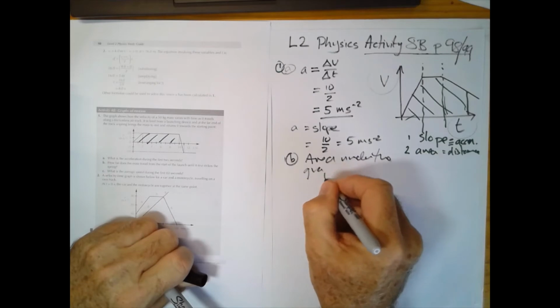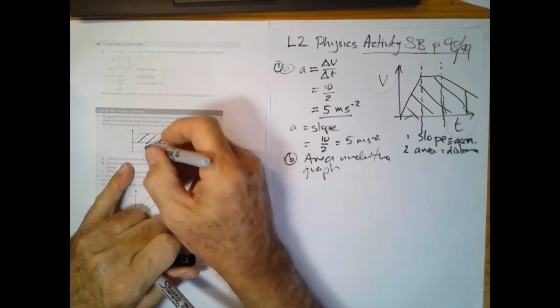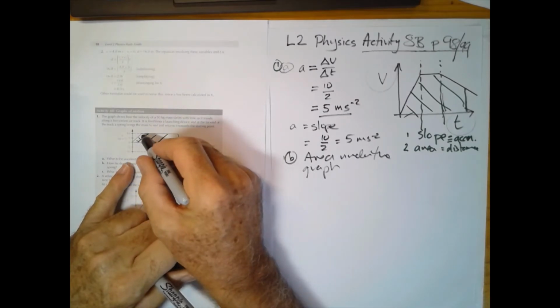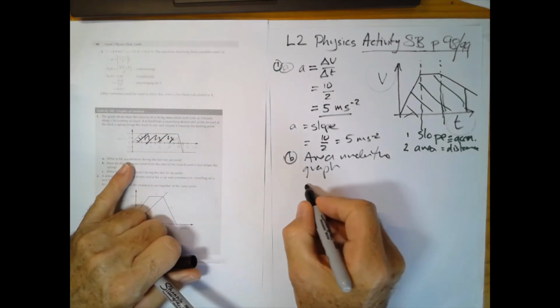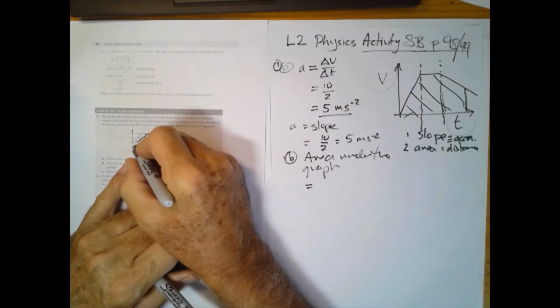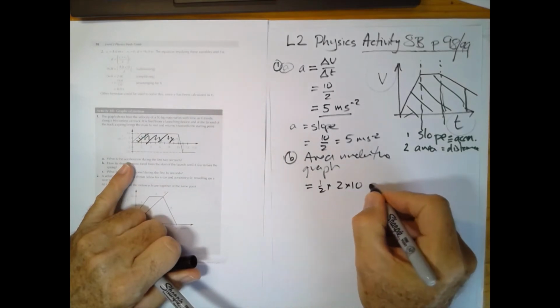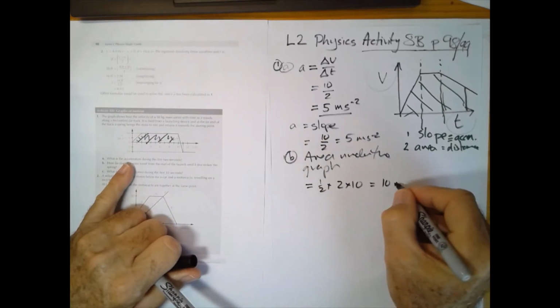So what is the area here? Again, we have to divide into two. We'll find the area of this triangle, then we'll find the area of this rectangle here. The area of this triangle is half base times height, a half times 2 times 10, is equal to 10 meters.